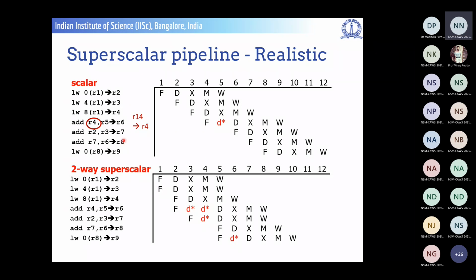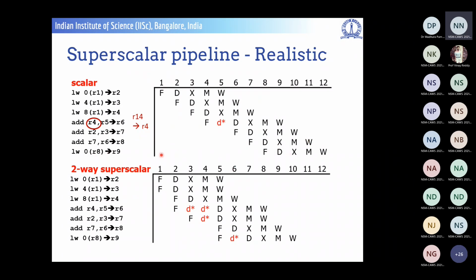Now you can see that the same dependence is here too in this code, R8, but there is no stall here. The reason is that you could bypass. Here, the value would become ready in the execute stage. And if the pipeline has bypassing, you don't have to wait till the end, the write to the register, to get the computed value of the previous instruction.